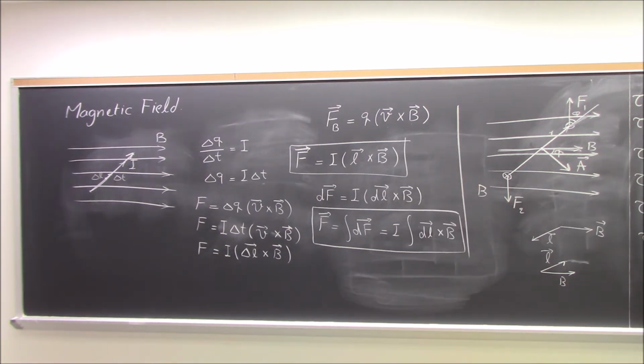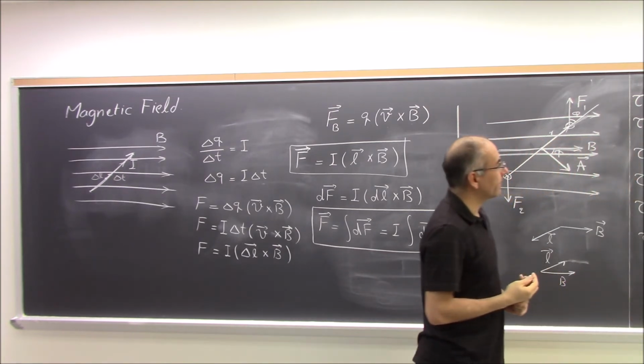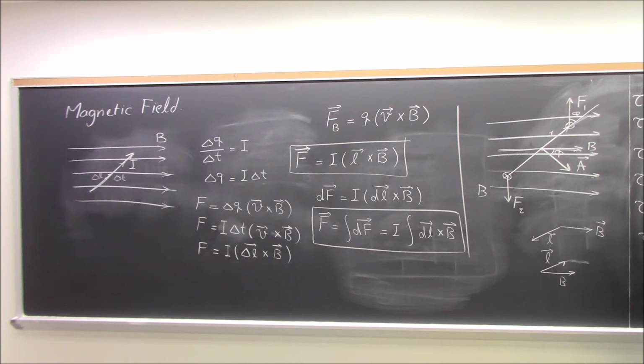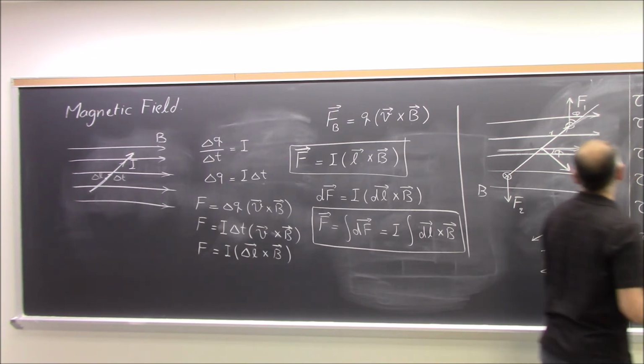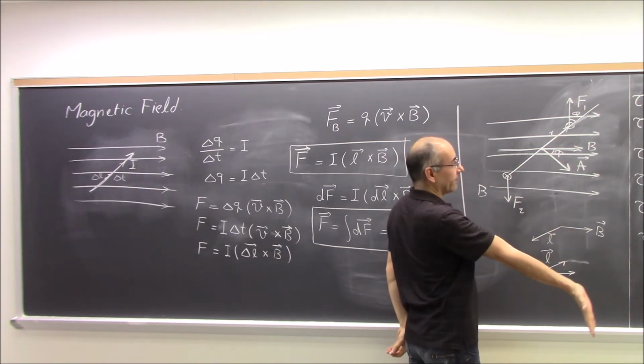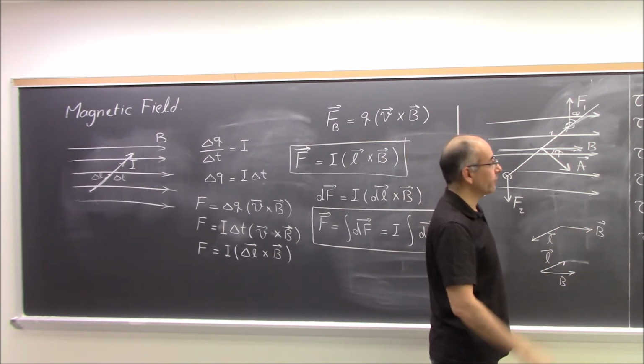You can write the torque as I, the area magnitude times B magnitude times sine of the angle between them. And you can write it as I times area vector cross B, because if you do A cross B, it will be in the same direction as the torque.